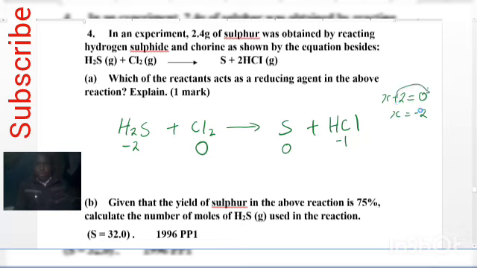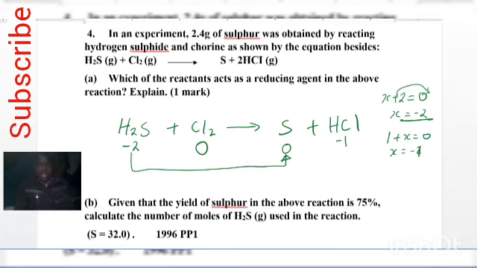So this is -2, so that is how we got this. This one is 0. If you want it for chlorine here, you say 1 plus X is equal to 0. So X is equal to -1. So you can see the oxidation number for hydrogen sulfide increased from -2 to 0.